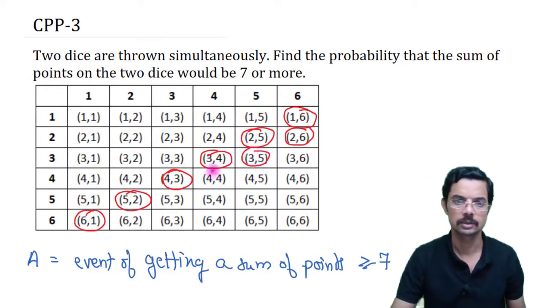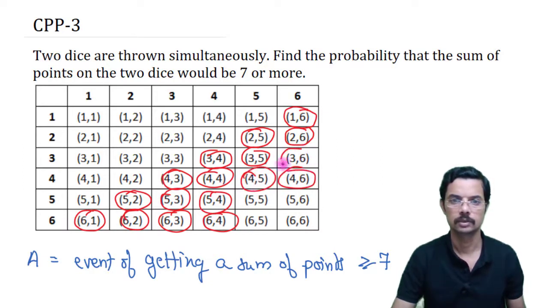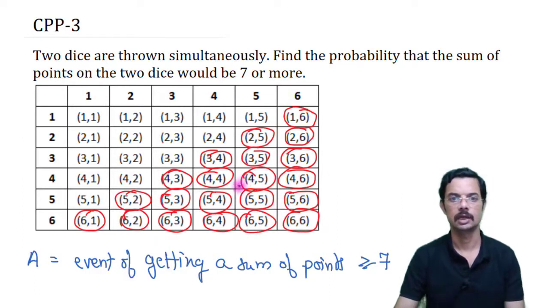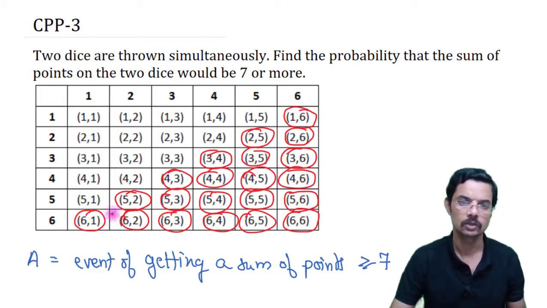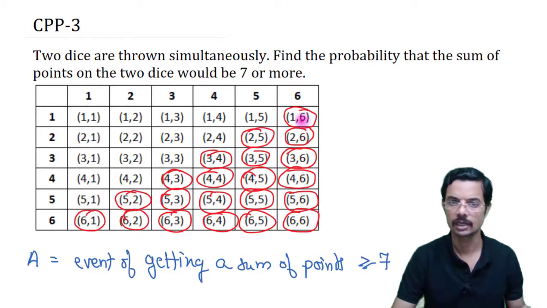So again this one, 5 plus 6, 5 plus 5, 6 plus 5 and 6 plus 6. All these outcomes have a sum greater than or equal to 7. So let us count them. 1, 2, 3, 4, 5, 6, 7, 8, 9, 10, 11, 12, 13, 14, 15, 16, 17, 18, 19, 20 and 21.